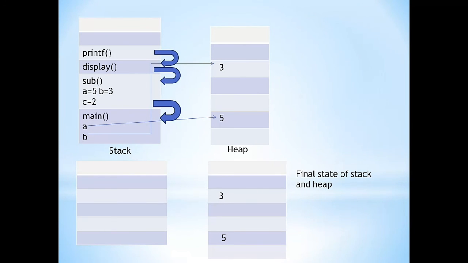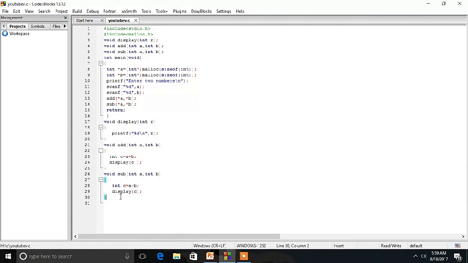After it displays the message, the control goes all the way back to display, and after encountering closing braces in display, it again returns the control to the sub function, where in the sub function also it encountered closing braces. Wait, I'll show it. See here.